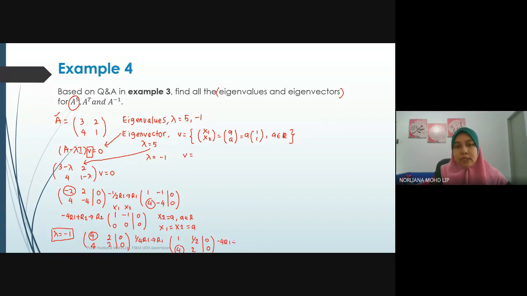Negative 4 times row 1 plus row 2 gives 0, 0. The free variable is also x2. So x1 equal to negative 1 over 2 x2, equal to negative 1 over 2 a.